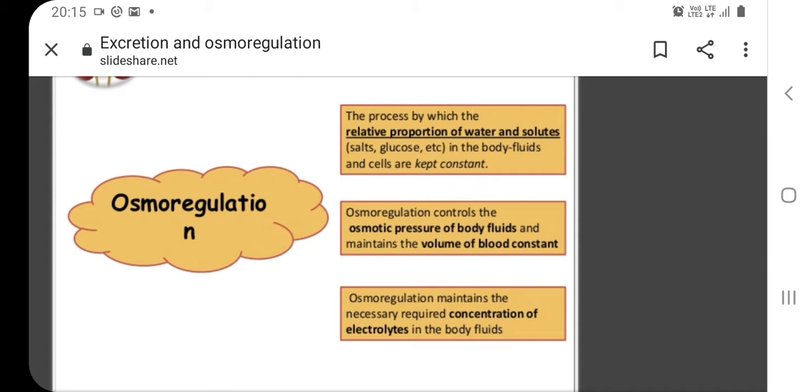Osmoregulation controls the osmotic pressure of the body fluids and maintains the volume of blood constant. Osmoregulation maintains the necessary required concentration of electrolytes in the body fluid.